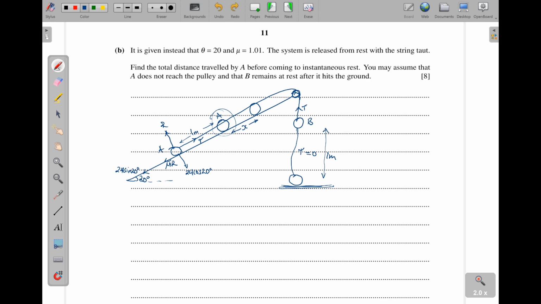Then from there, since when B reaches down here, the string becomes slack. That means that the tension has gone. So tension is 0. And then there is now a new acceleration here. It is actually going to be a deceleration because the particle is coming to rest. So we need to get a new acceleration for that one when T is not there.